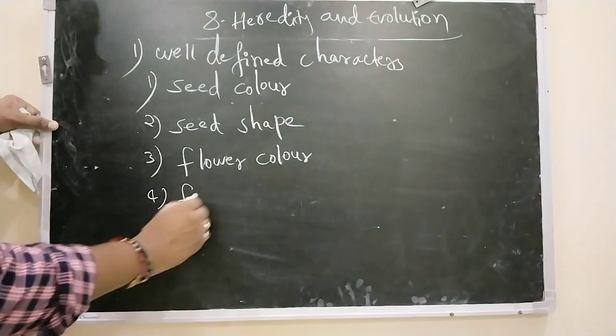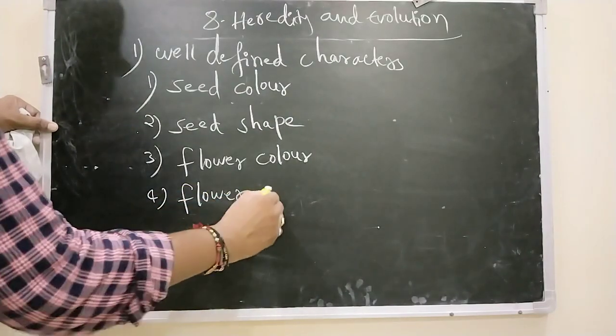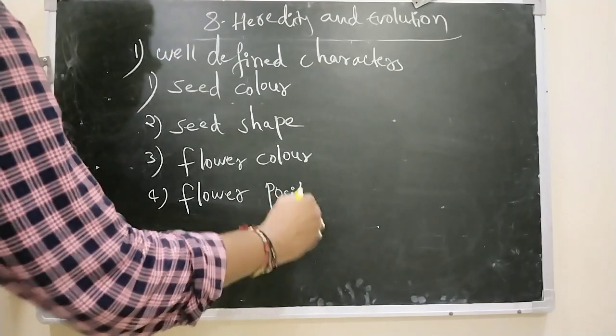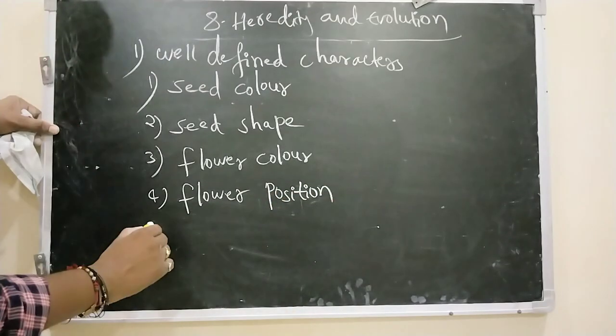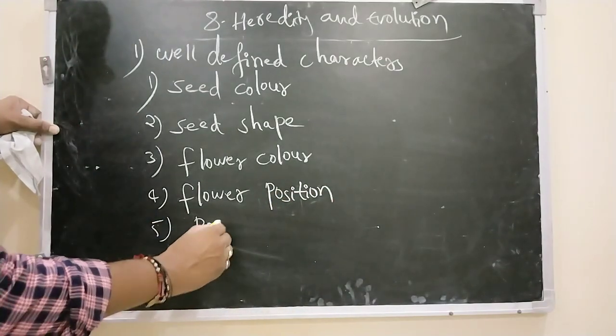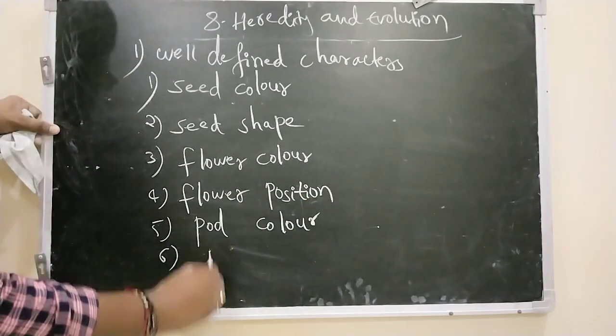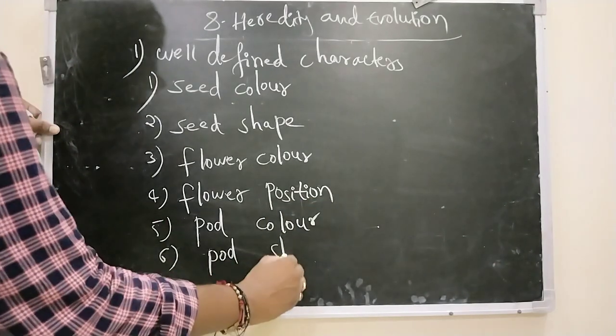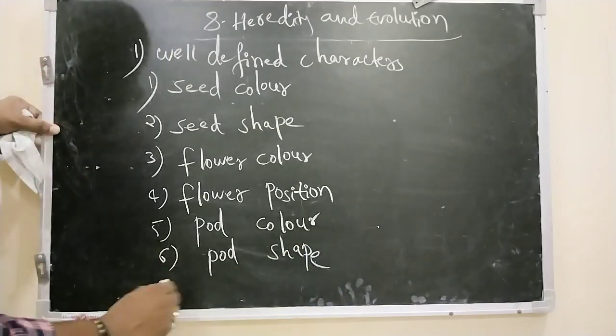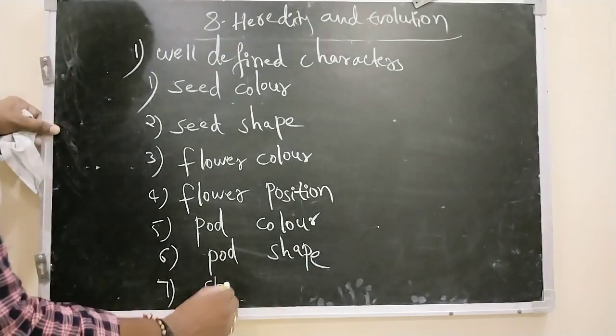Next, flower position, pod color, pod shape, and finally stem length.